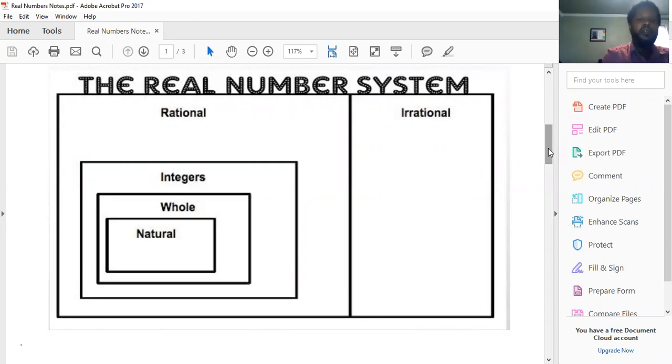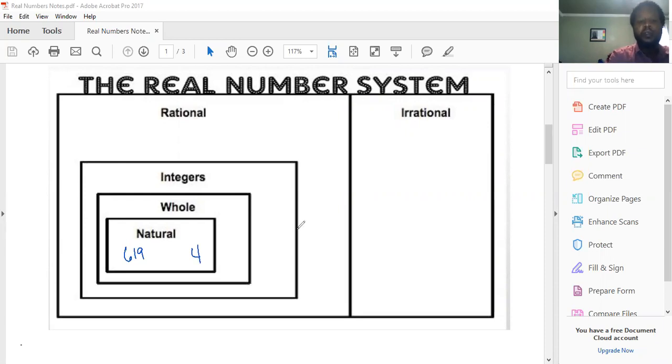So within the real number system, we're gonna start from the smallest definition. So a natural number is any number that is positive and greater than 0, right? That is what a natural number is. So we're gonna include 619, that's an example of a natural number, okay? 4 is an example of a natural number, okay?